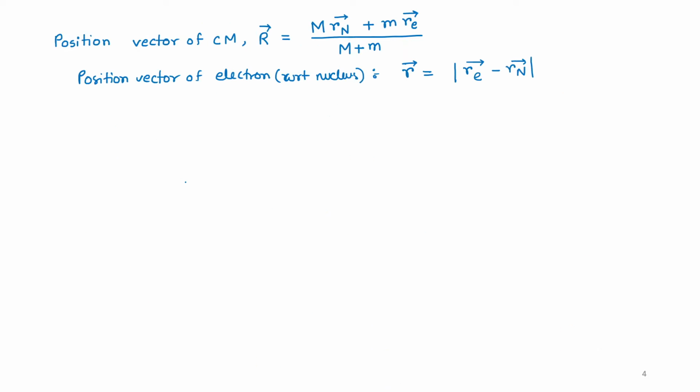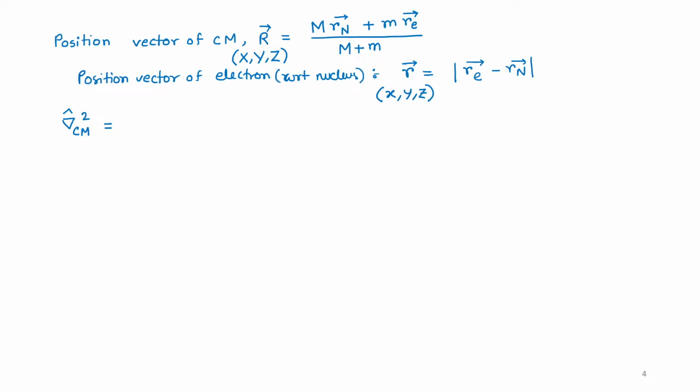Right now if we want the Laplacian of the center of mass, then it will be something, suppose this is r, but if I have to be precise, I am going to write capital X, capital Y, capital Z, and here the coordinates are small x, small y, small z.